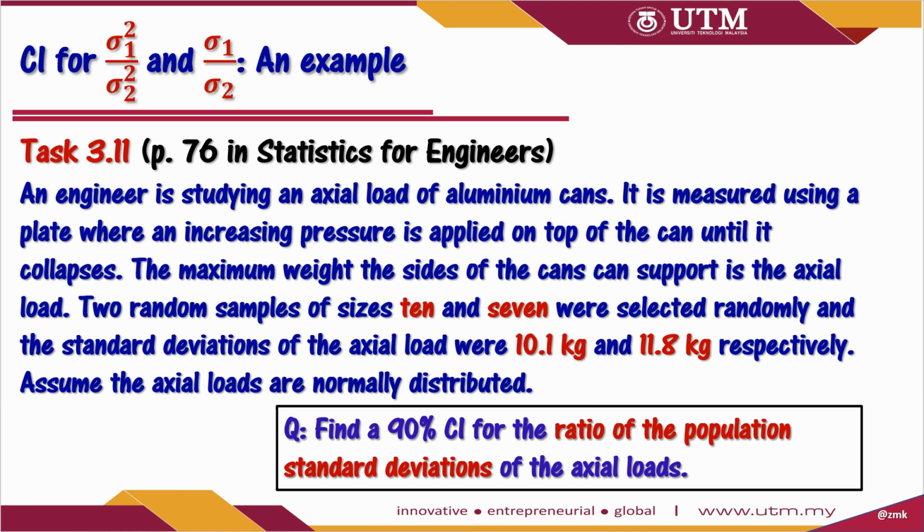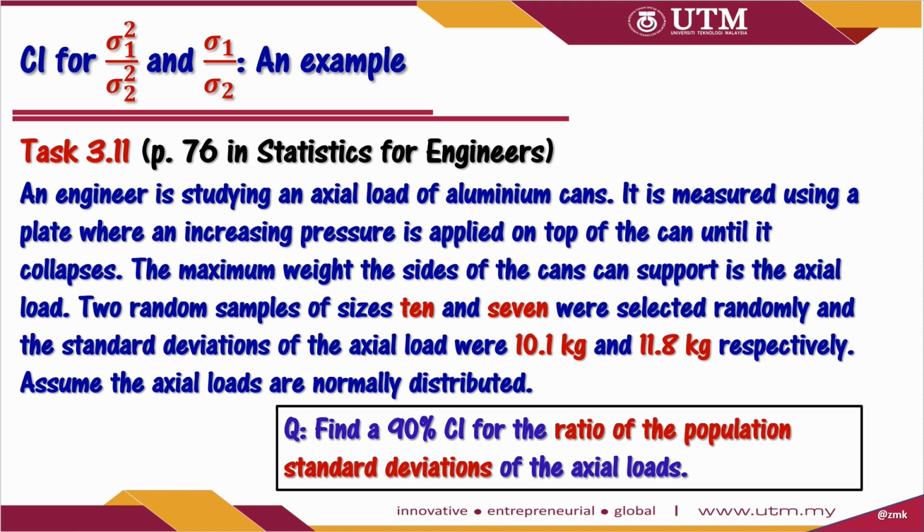So how are we going to find this 90% confidence interval based on sample information? In answering this question, we need to know the sample sizes and the sample standard deviations besides the two F-scores for the lower and upper limits.